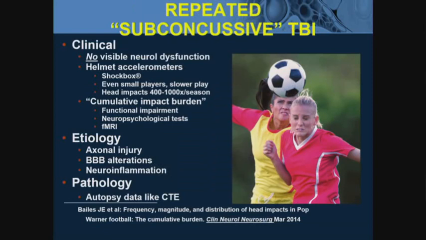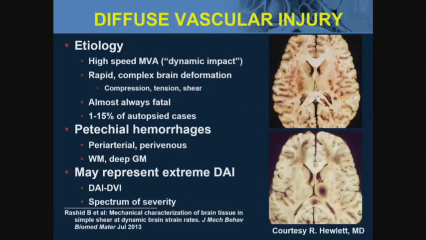There's been lots of work done on this, and I will just leave you with this thought that it is considered to be the cumulative impact burden over many, many times, not just the big head blows when you get your bell rung and actually lose consciousness. There can be no visible neurologic dysfunction, and yet these young teenage girls are already undergoing them.